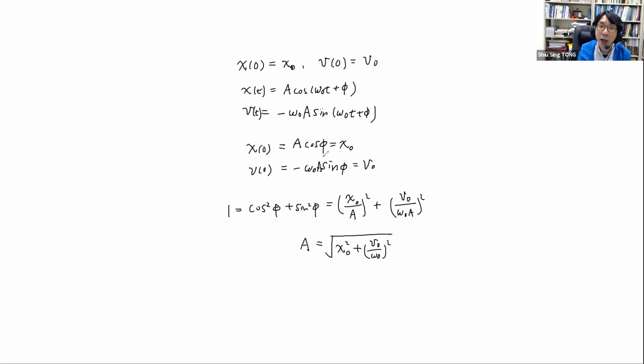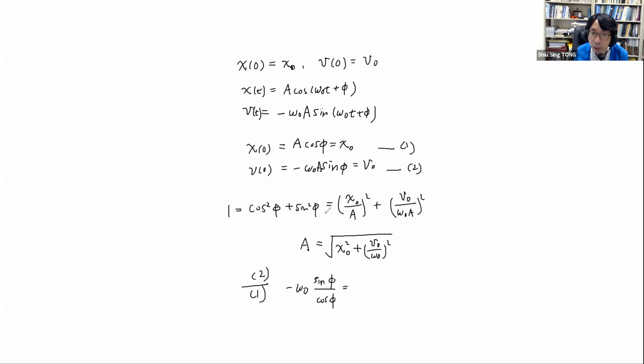Okay. Now how can we find out the angle? Now we can eliminate A by dividing the second equation by the first equation. Is that right? When we divide the equation, we simply get rid of A. And sine phi over cosine phi is what? Sine phi over cosine phi is simply tangent, right?